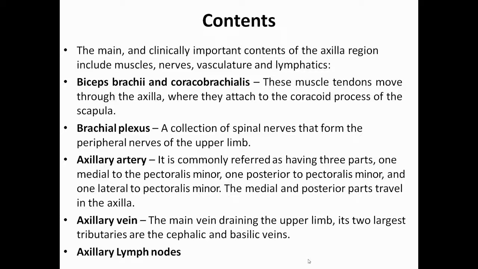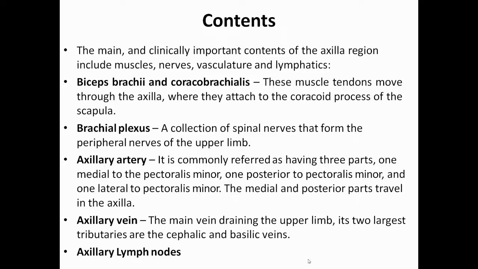The axillary artery is commonly referred to as having three parts: one medial to pectoralis minor, one posterior to pectoralis minor, and one lateral to the pectoralis minor. The medial and posterior parts travel in the axilla.